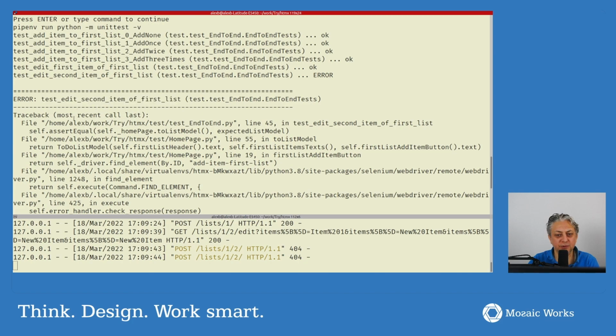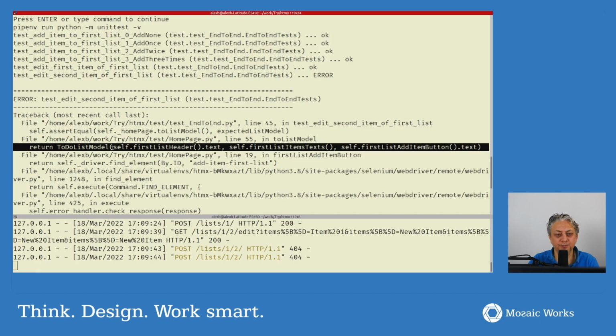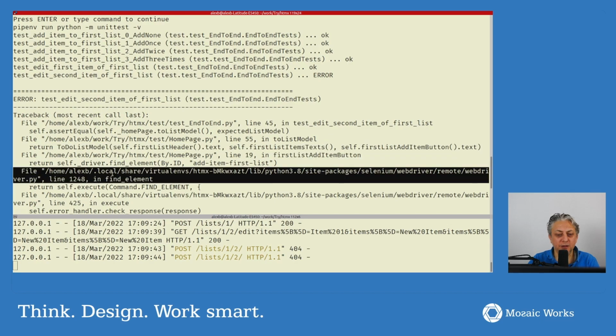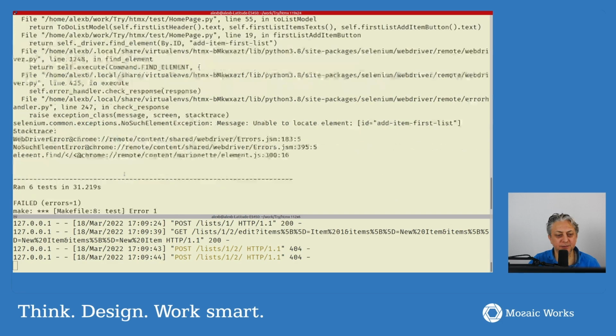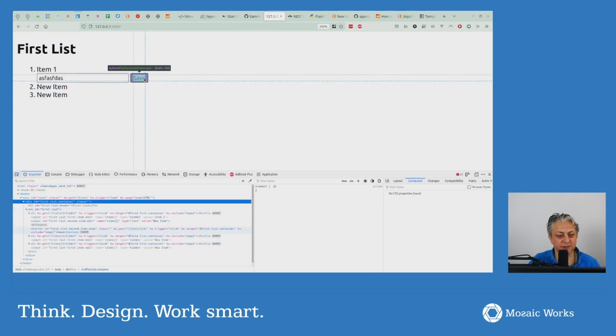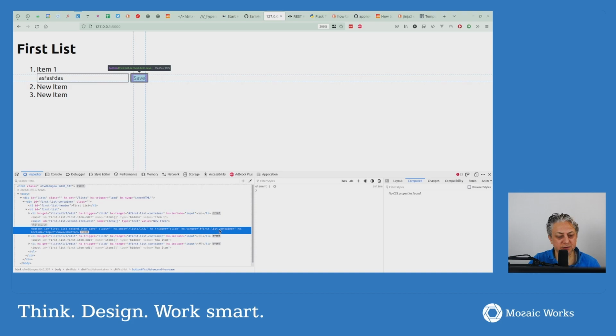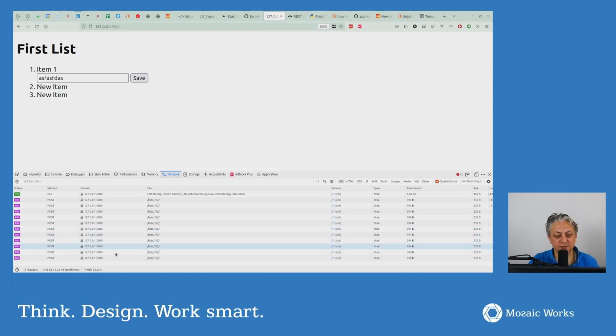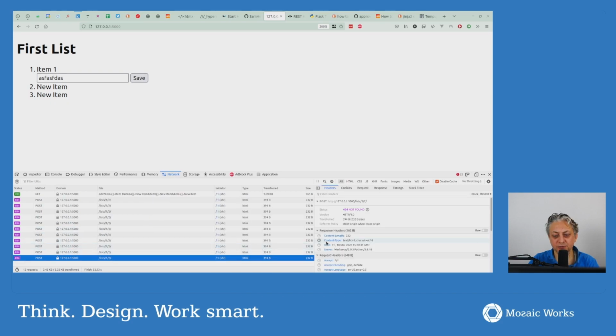So what is going on here? Line 45. I think save. Yeah, when I do save doesn't work. First of all, let's check if save has the right ID. Yeah, it sounds like it has the right ID. But the problem is it's not saving, and because it's not saving, it's doing something wrong.